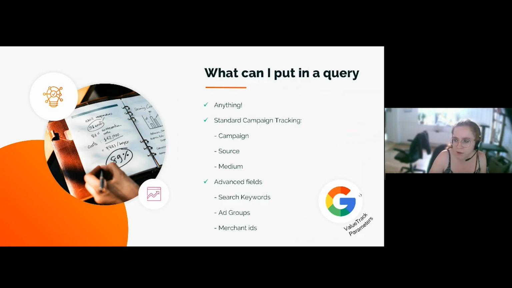They're called ValueTrack parameters, and there's a link in here to the Google documentation that has a full list of what's in there. But the things that I find really interesting are that you can pass through search keywords. So the actual phrase that's typed into Google could be passed through for us to target on, which is super powerful. We also can use ad groups.